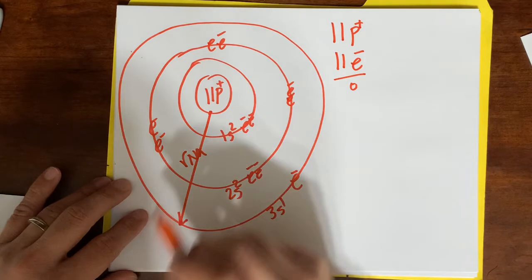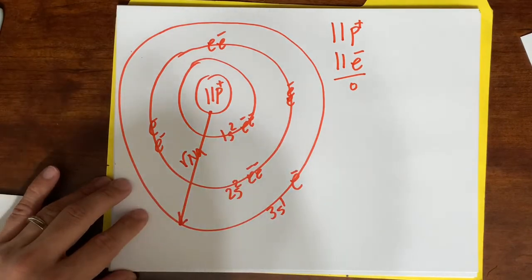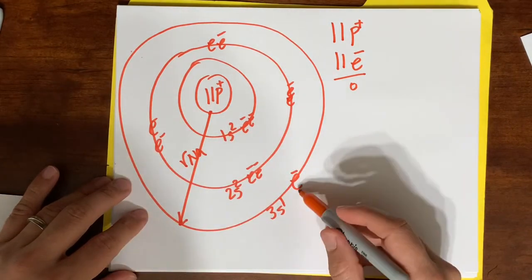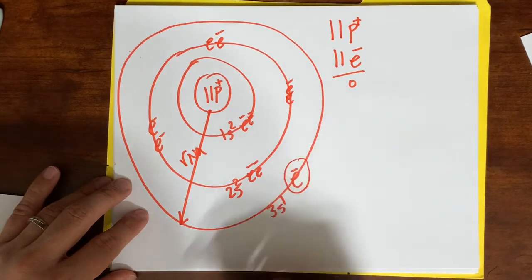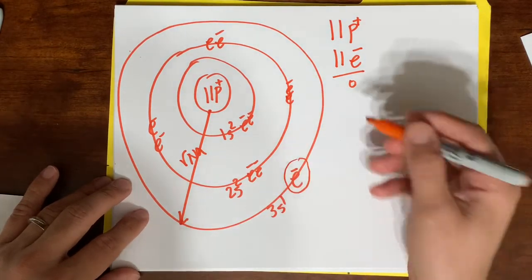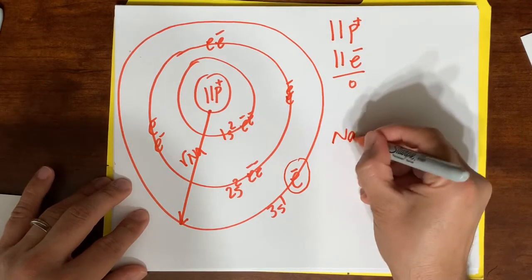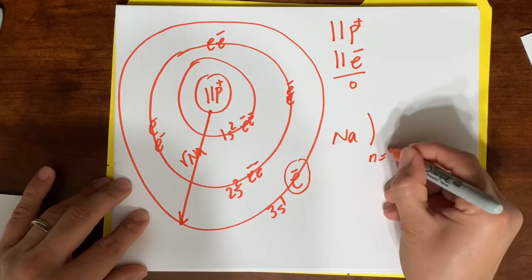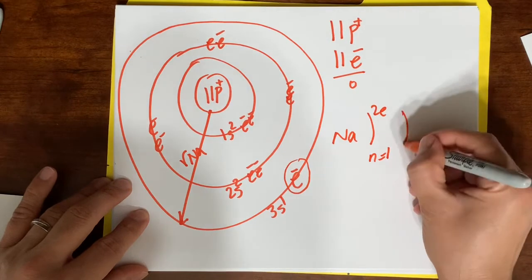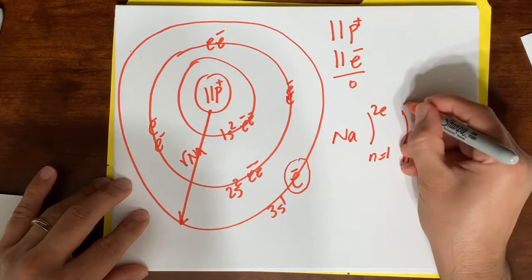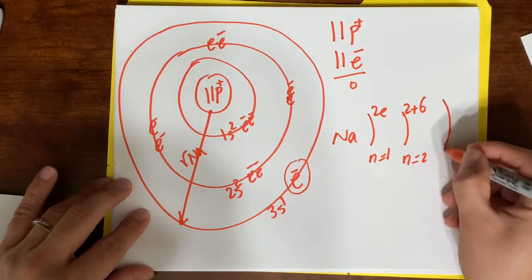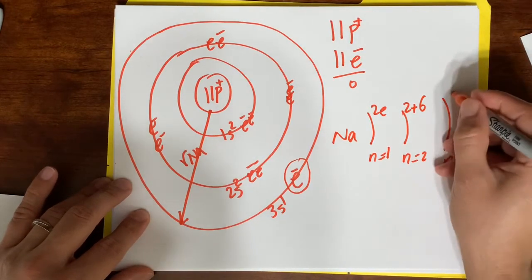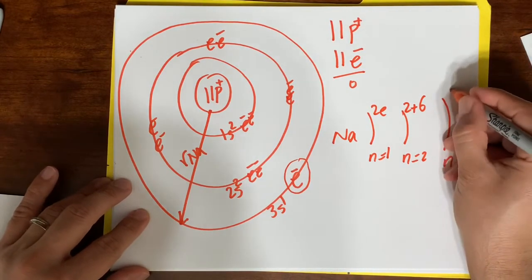Now take 1 electron from this element. When you take 1 electron, you take it from the last layer. So you target this electron. Remember, sodium: 1s, 2 electrons, and 2 plus 6, 8 electrons, and n equal 3 we have just 3s with 1 electron.